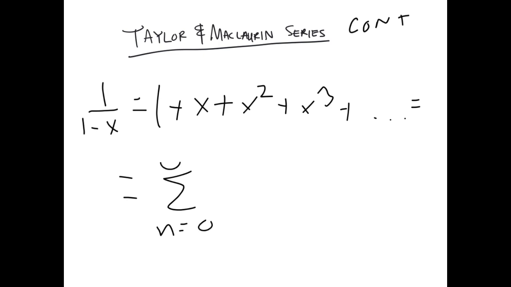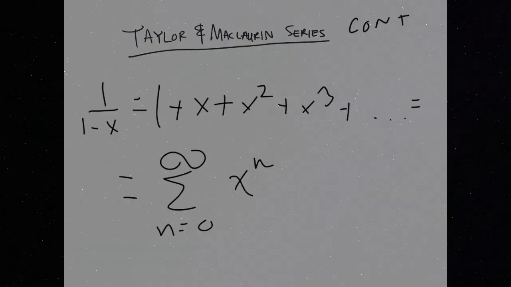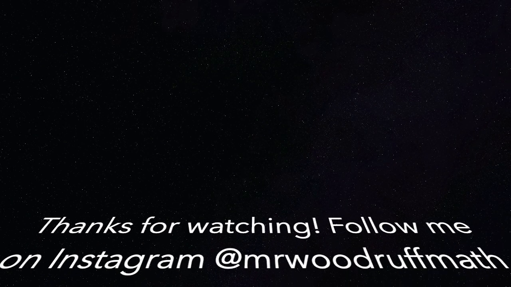N equals 0 to infinity, x to the n. Now, you can manipulate all of these by integrating or taking derivatives to find the integral or derivative expression of whatever function you're trying to deal with. That's the series review. Holler if you have questions.